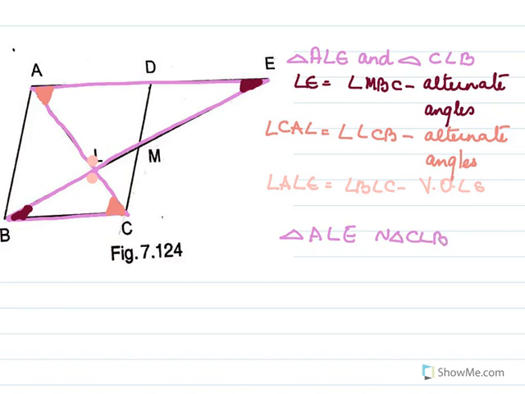If they are similar, the corresponding sides are proportional. So AL over CL will be equal to LE over LB will be equal to AE over BC.